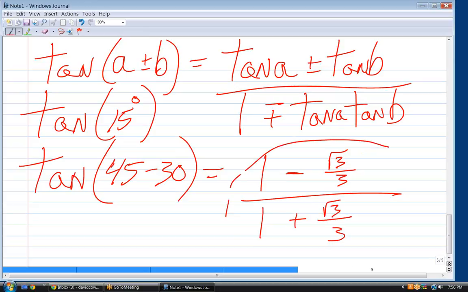Now, when you get to this point here, it becomes an exercise in algebra, more than trig. The sine and cosine are easier to simplify. These are a little bit more difficult, but let's do it.